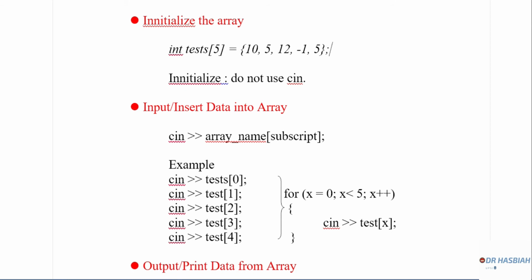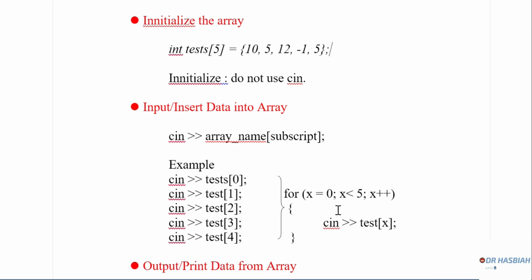So in this case, if you notice here, what do we call the x here? X here is the subscript or the index, meaning here cin test 0, so subscript 0 or index 0. So if you don't want to use the x, you might use any other variable here.